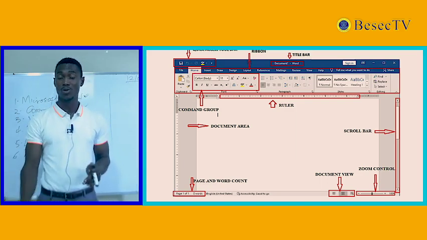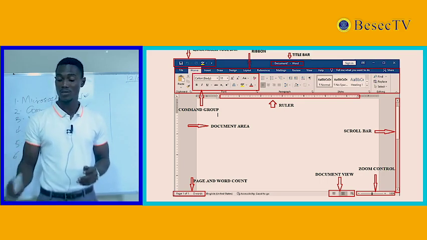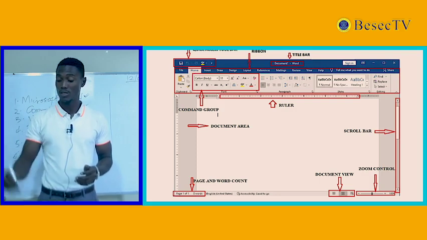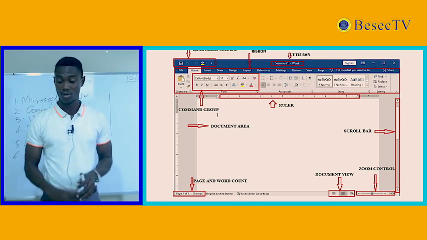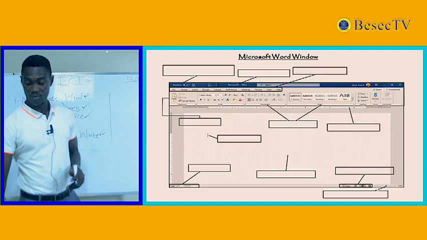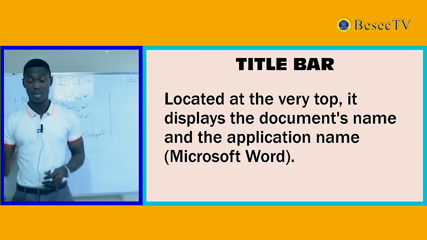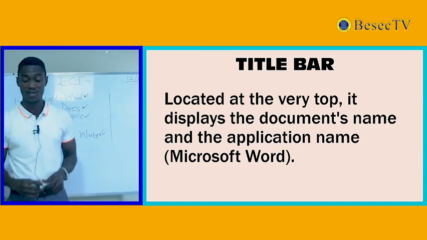And the name is Document 1. Then you see a hyphen there, then you see Word. The word means you are using Microsoft Word for creating this particular document. So that is the title bar. It is always located at the top, and it displays the document's name and the application name.